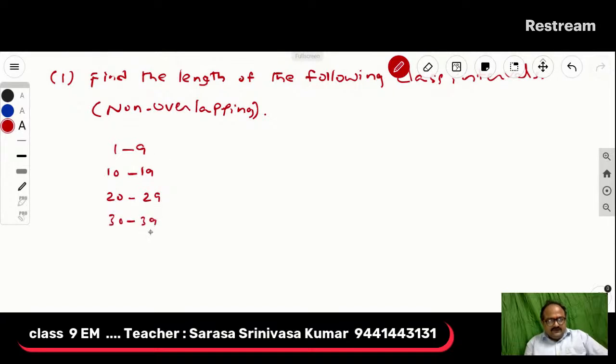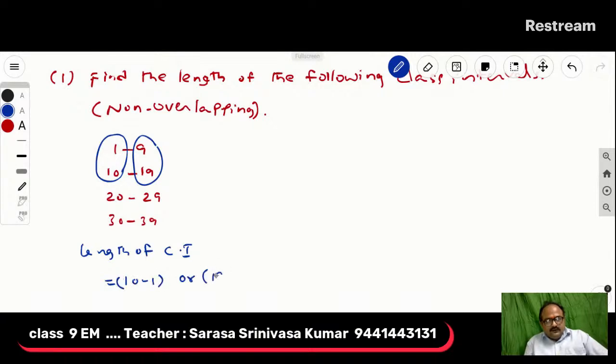These class intervals are given, and they are non-overlapping. The length of the class interval equals the difference of these two lower limits or the difference of these two upper limits. So 10 minus 1 or 19.